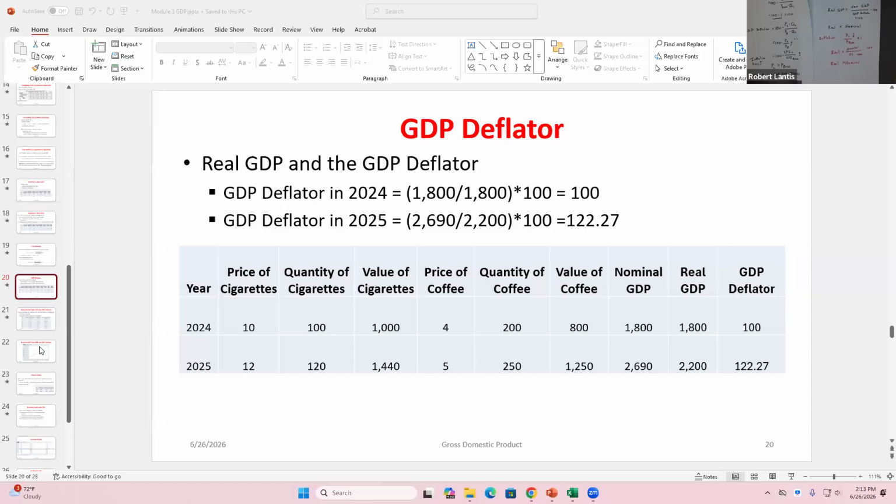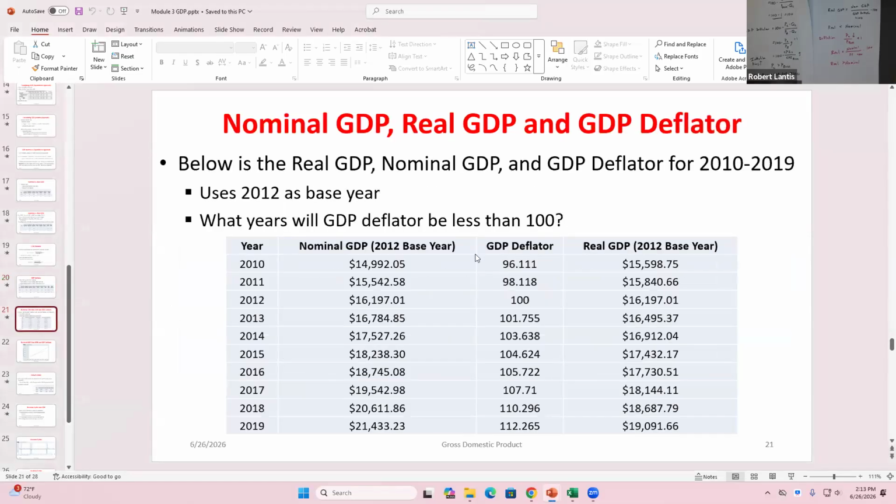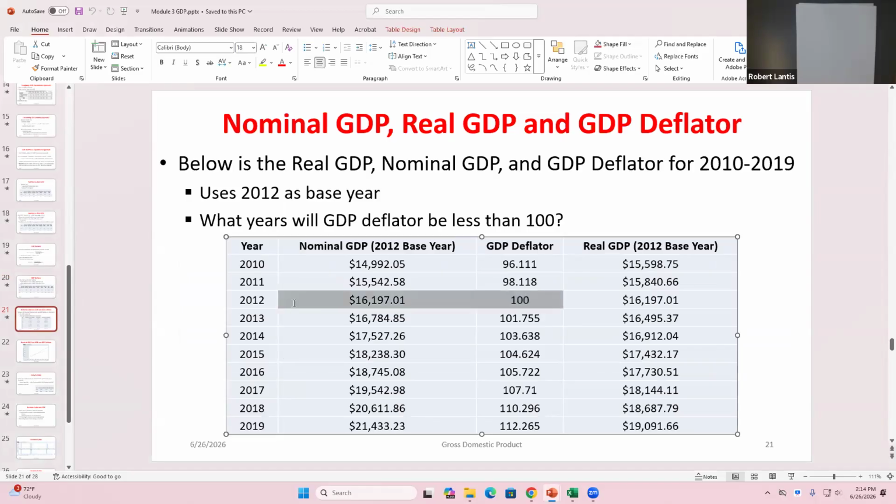Okay. Now we can see this if we make these calculations using actual values. When I'm looking at this table, what must my base year be? Well, in my base year, the GDP deflator is 100. The prices I'm currently using are the same as my base year prices, so the GDP deflator should be 100, and we have the base year here being 2012.